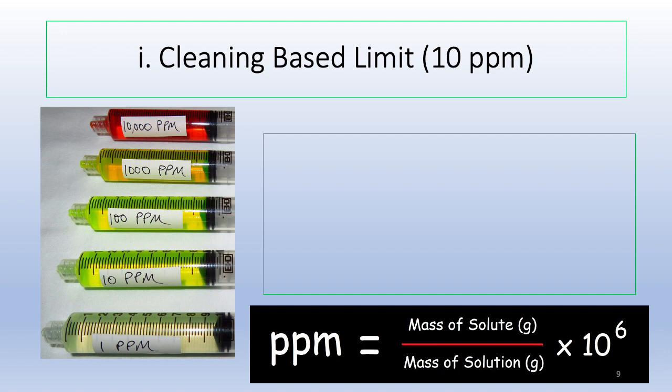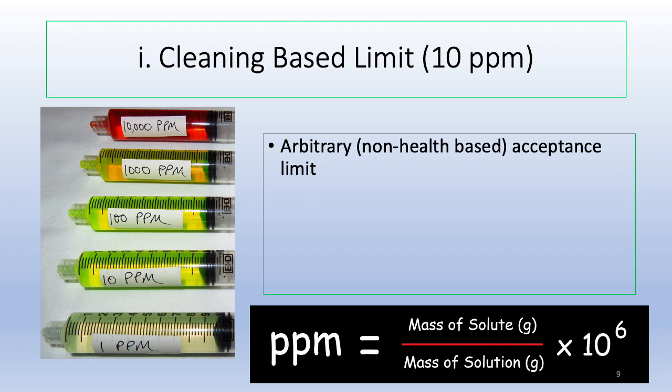The first one, called the cleaning based limit, is the 10 parts per million. According to this approach, not more than 10 parts per million of a drug product A, an API, should be detected in another drug product B.